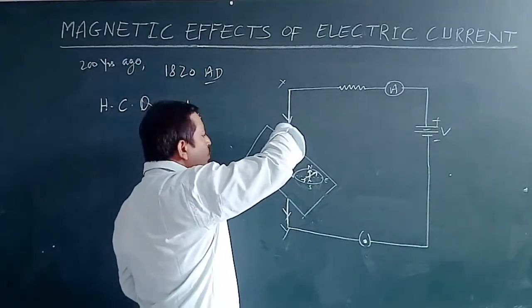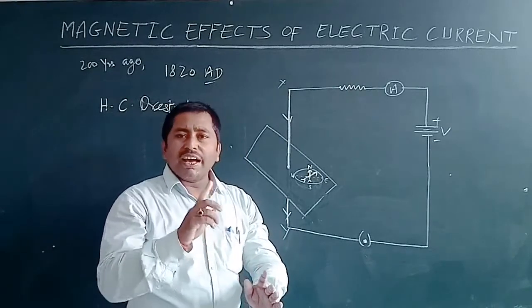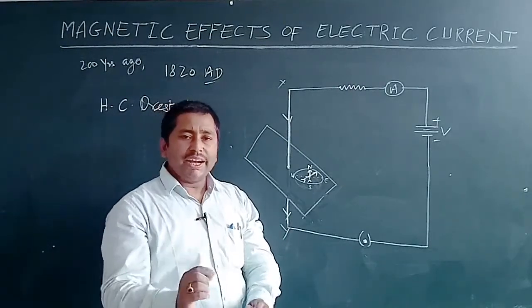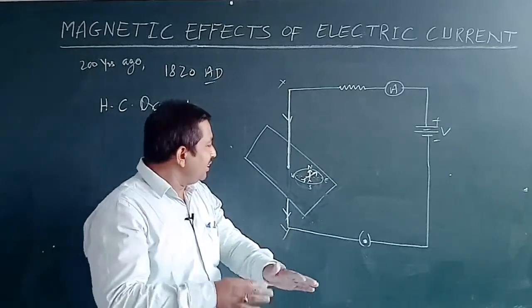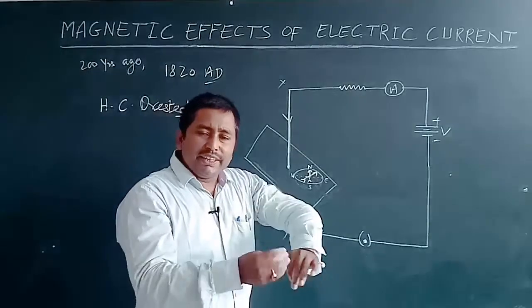conductor on a cardboard. He found that the iron filings form some circular rings, and some are displaced from their initial position.